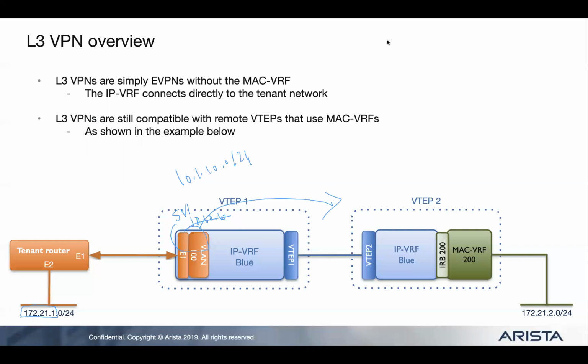Another way is, let's say this is a PE router, and this is the customer edge router, CE. You have this L3 link and even BGP between these two, eBGP let's say, with the ISP or PE device.